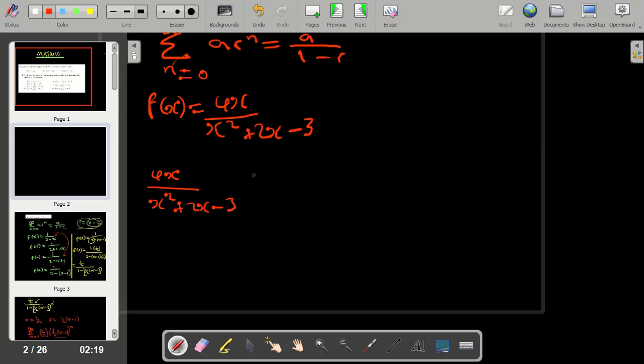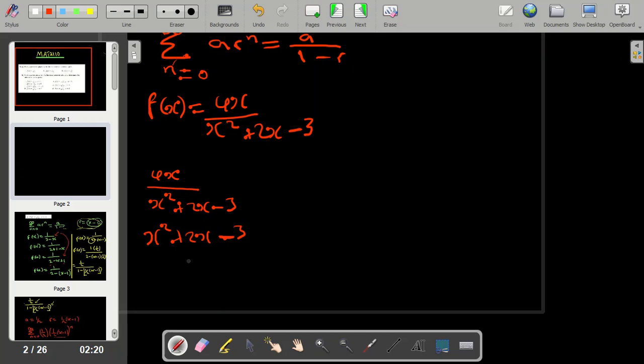So now this will be equal to, if we look at the function that we have down here, we see that it's a function that we can factorize. So we have x squared plus 2x minus 3.